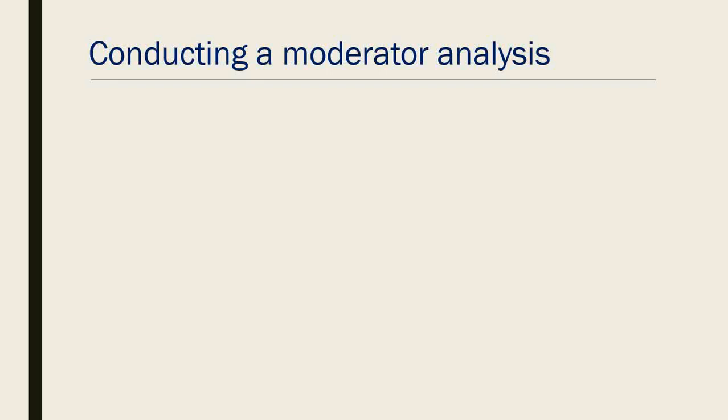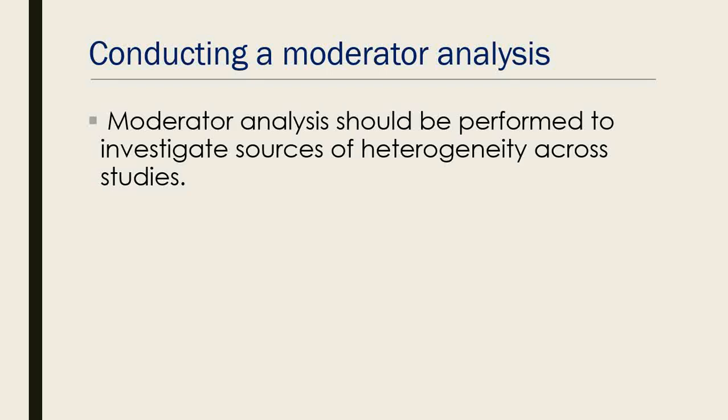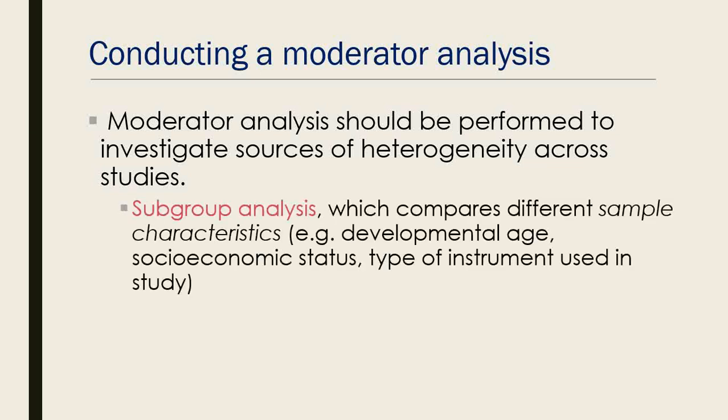Unless you have good reason for doing otherwise, I would advise going with it as well. Now, once you've done your heterogeneity analysis, you need to conduct a moderator analysis to try and explain away some of that variability. A moderator analysis should be performed to investigate sources of heterogeneity across studies, and usually you'll have an idea of what these might be. Now, there's two techniques you need to be aware of. The most common, and the one that you'll come across in pretty much every meta-analysis, is called subgroup analysis.